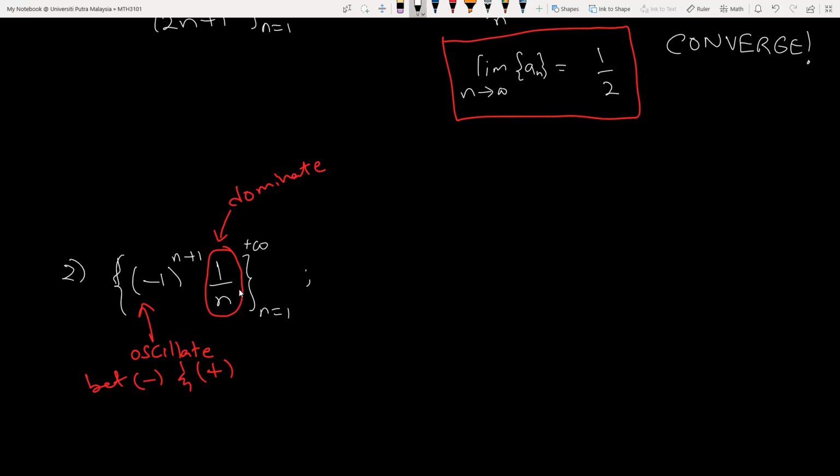You can see that the limit, this one is too small compared to this sign. So the limit as n goes to positive infinity of (-1)^(n+1) over n, this is equal to 0.